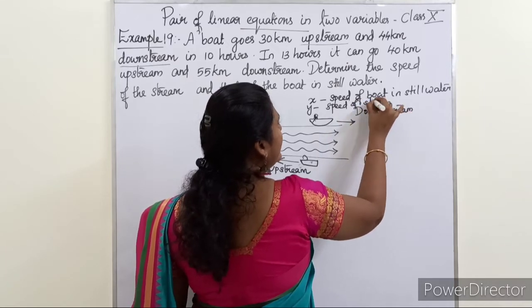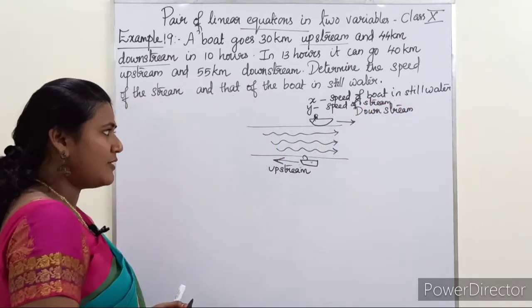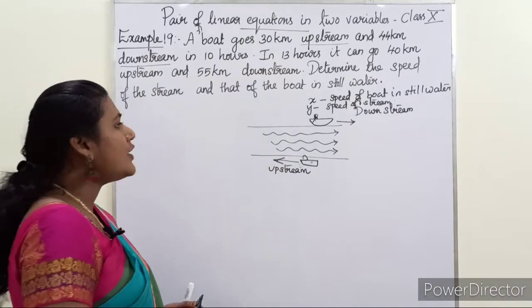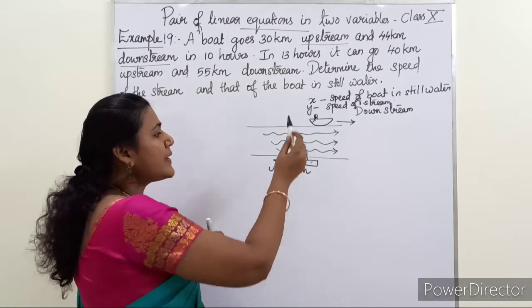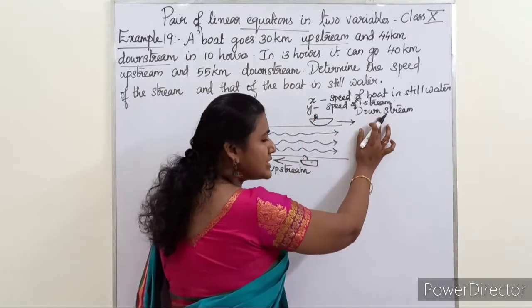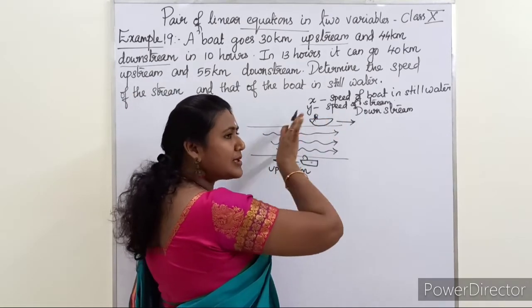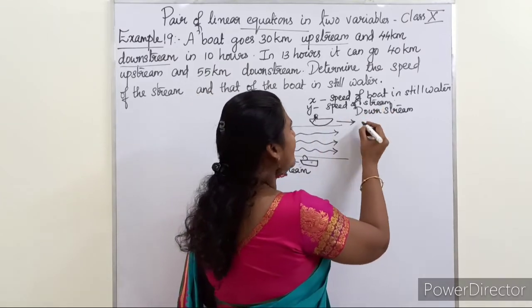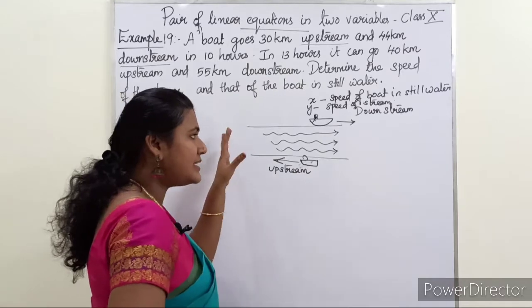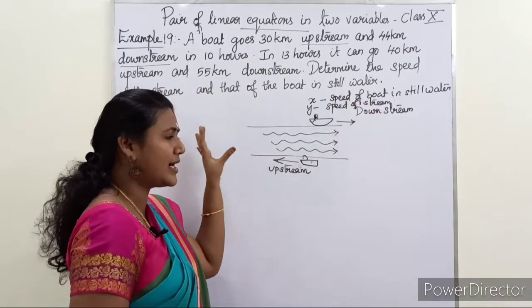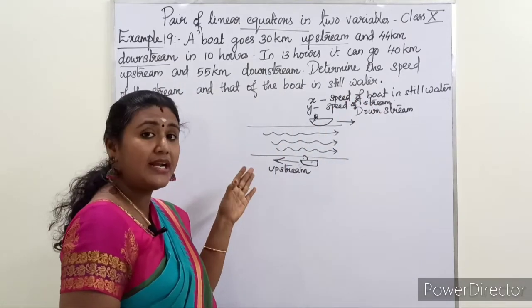So if you take the speed of the boat in still water as x and the speed of the stream as y, then what is the formula for the speed of the boat moving downstream? Imagine the boat is moving in the same direction as the flow of water, naturally its speed will increase.